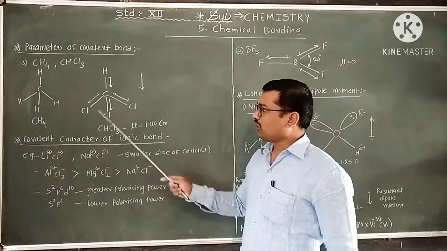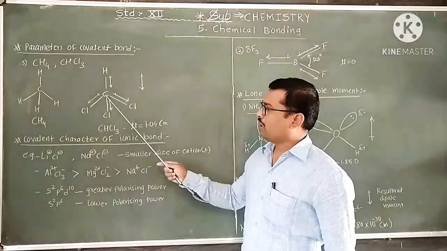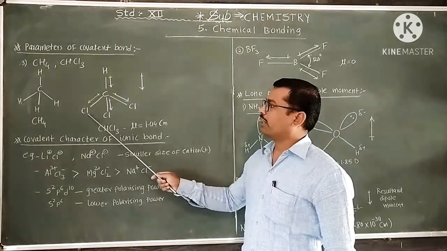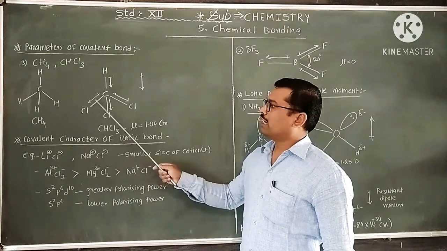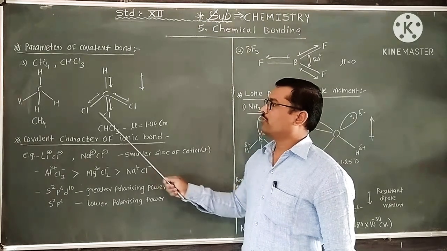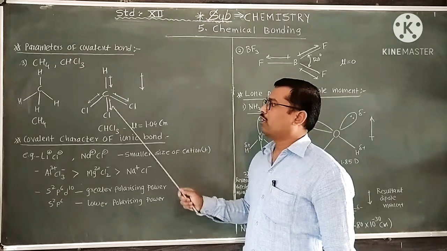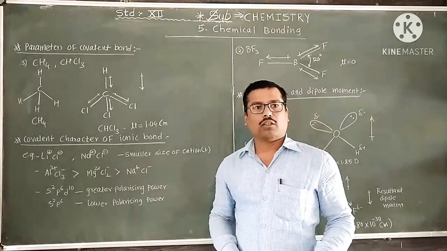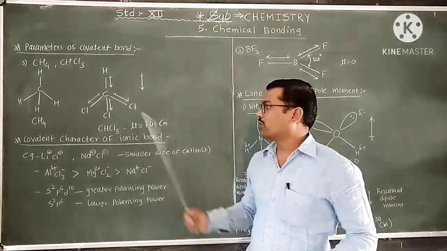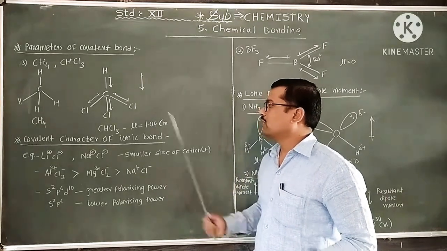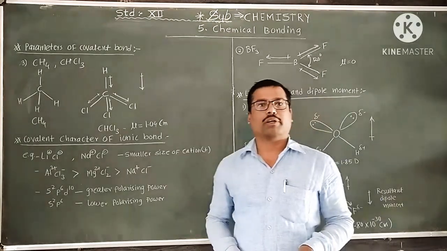This is the carbon, this is the chlorine atom. Chlorine is a more electronegative atom, therefore it attracts more electrons towards itself, and due to that the dipole moment, this molecule is a polar molecule.